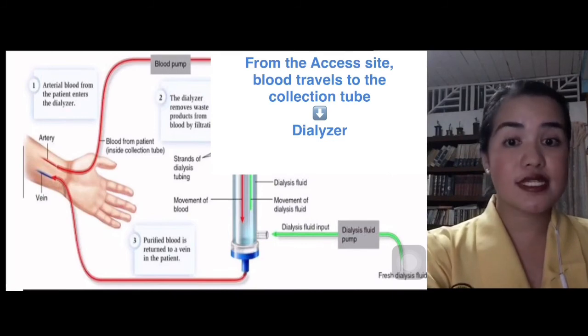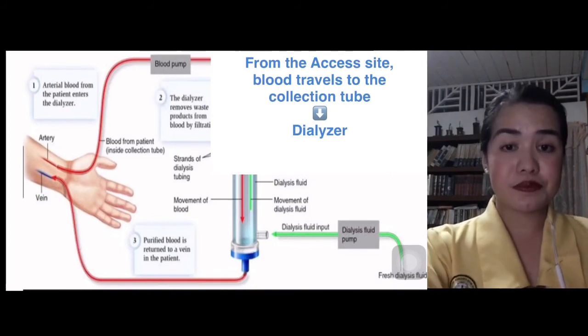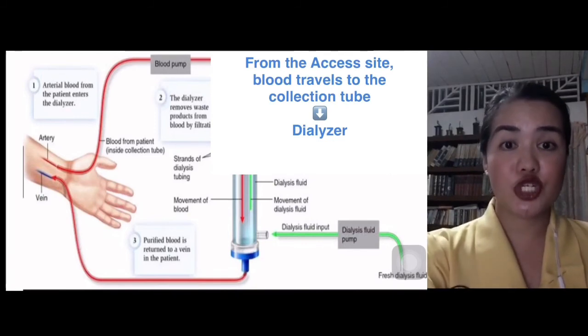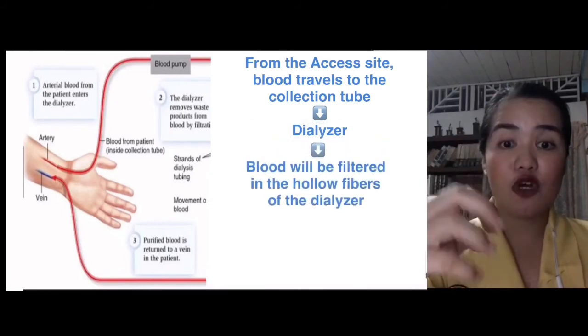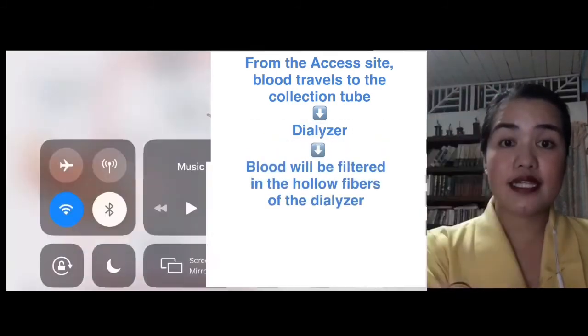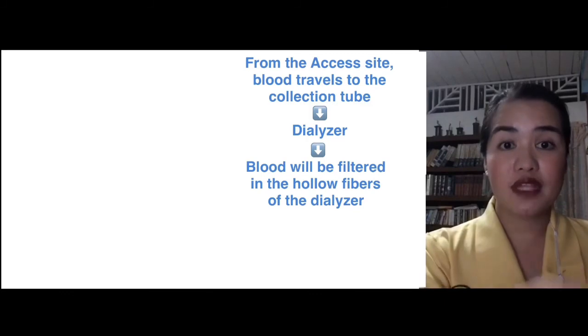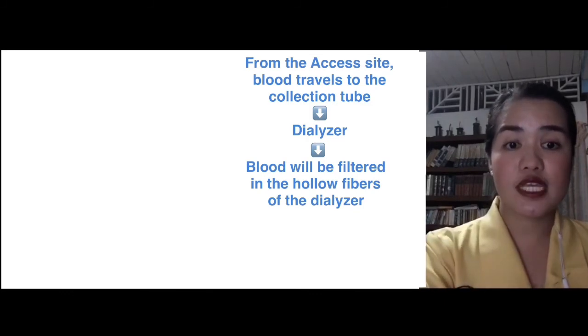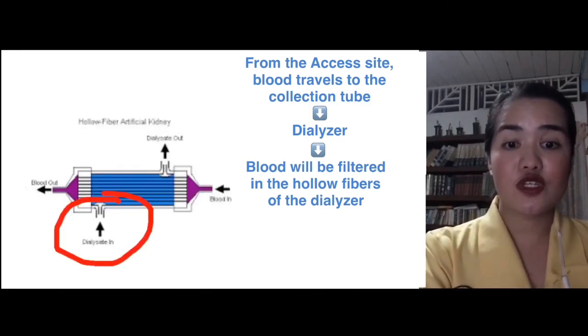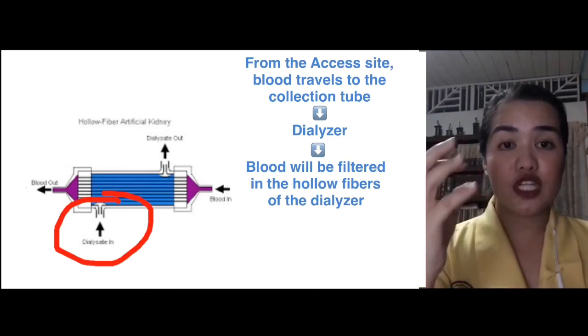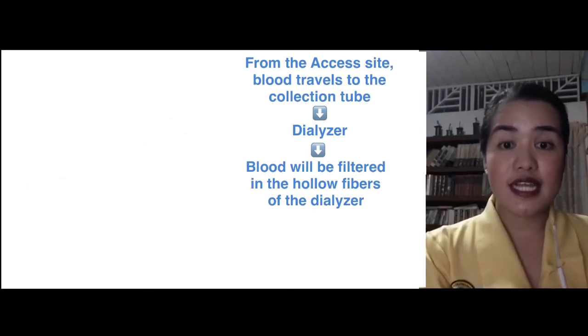Once it reaches the dialyzer, the filtration will happen through the hollow fibers inside the dialyzer, with also the help of the dialysate fluid that continuously flows here to continuously clean the blood inside the dialyzer.